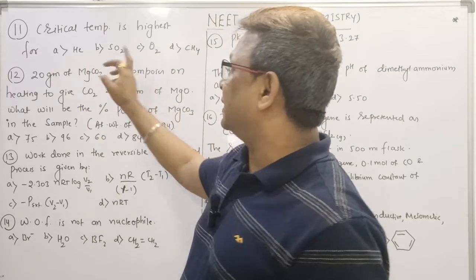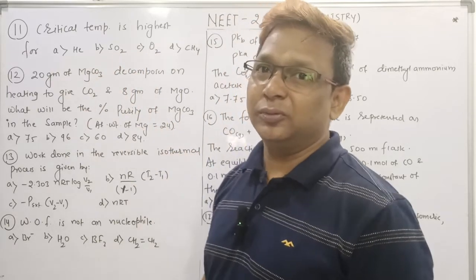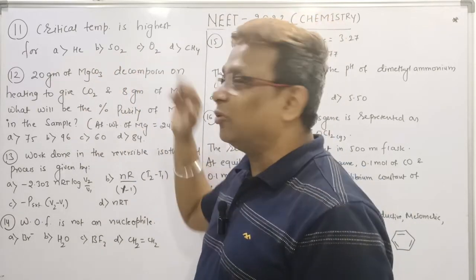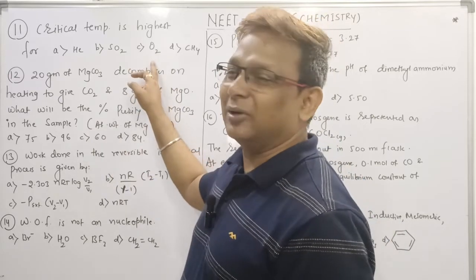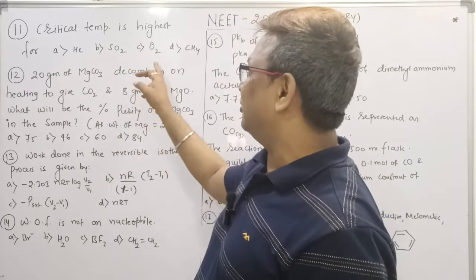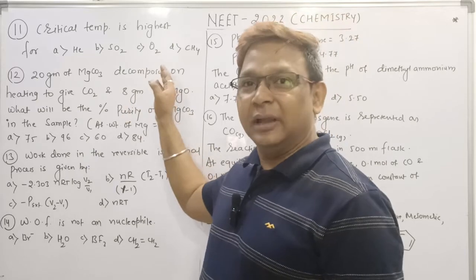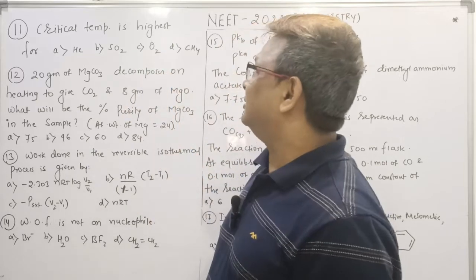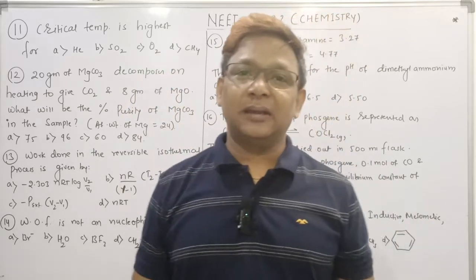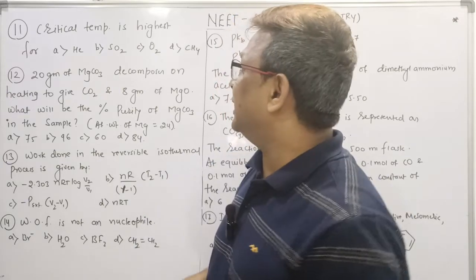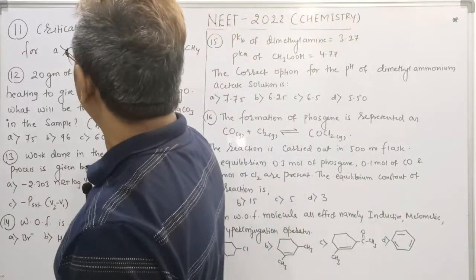Among that, higher molecular mass can be seen for SO2. The next one obviously will be O2, but it is a diatomic molecule, and heavier molecular mass will have a lower critical temperature. So according to the diagram given in the NCERT beta, the highest critical temperature is only for SO2.